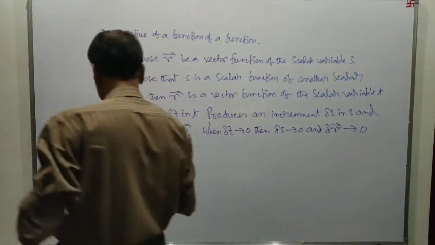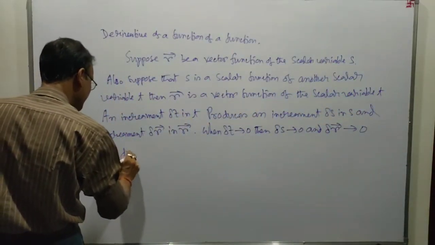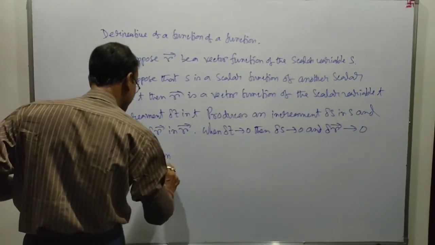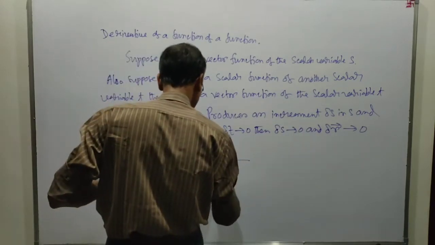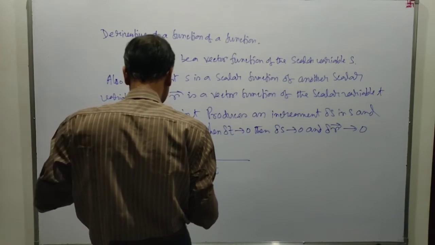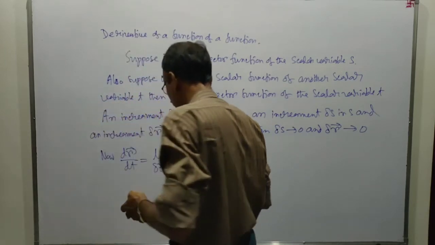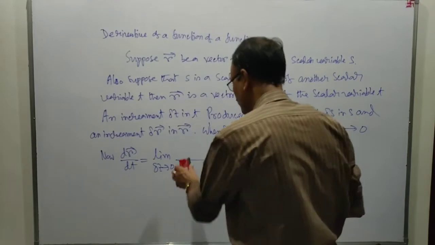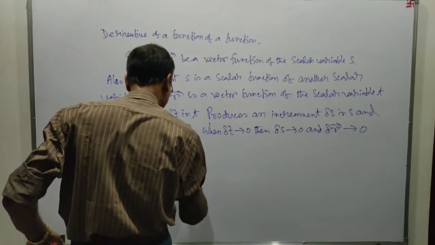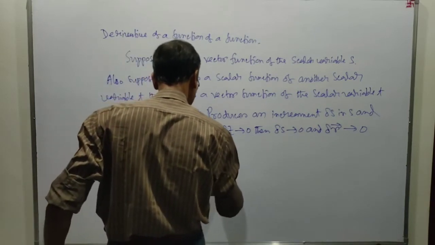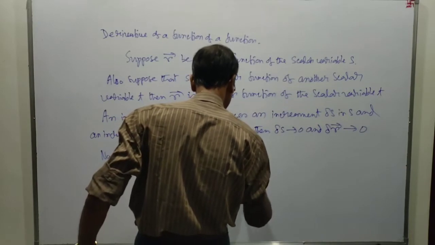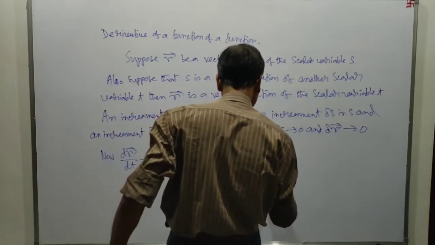Now, from definition, dr vector by dt equals the limit as delta t tends to 0 of delta r vector by delta t. This is equal to the limit as delta t tends to 0 of delta r vector by delta s times delta s by delta t.